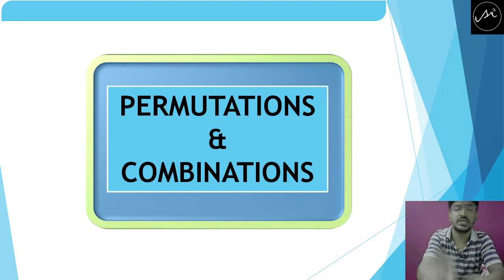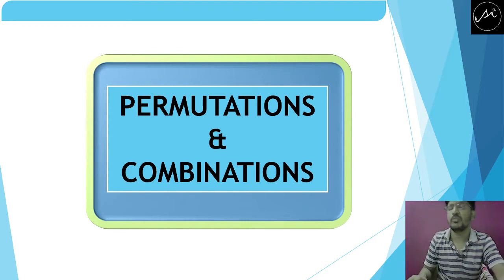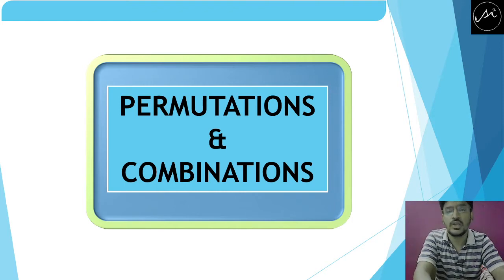So, in our sessions, we were solving the problems of permutations and combinations. In the previous class, we have nearly solved some 15 problems. Today I am going to continue the same problems from where we left off in the previous class.